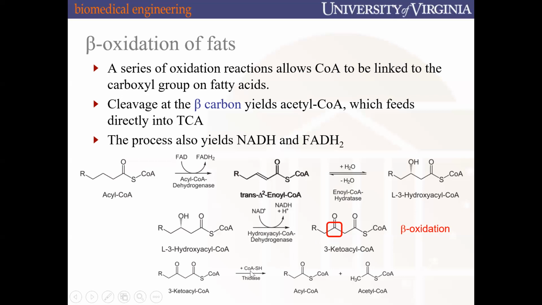So this coenzyme A with its thiol group acts as the nucleophile here. It facilitates this attack, which breaks this molecule into not only an acyl coenzyme A, but an acetyl coenzyme A as well. And this is how we get acetyl coenzyme A. Does anybody have any questions on that process?